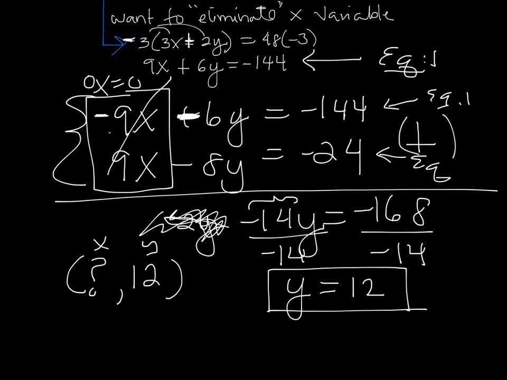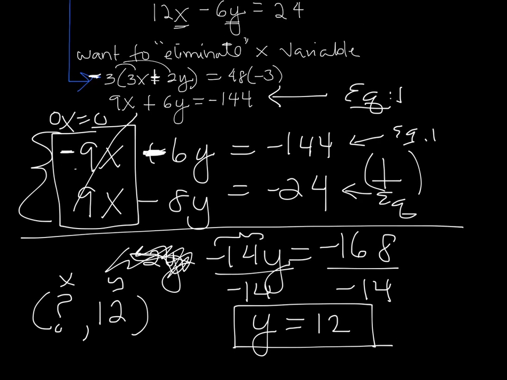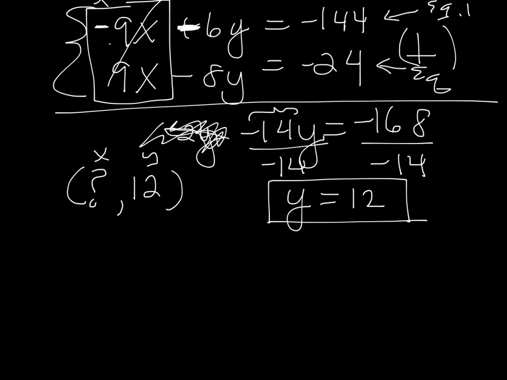So up to this point, the method is very similar to substitution, we're just not substituting an expression back into another one. But we can find our x value now, and you can substitute it into any equation you want. I'll use the first one.